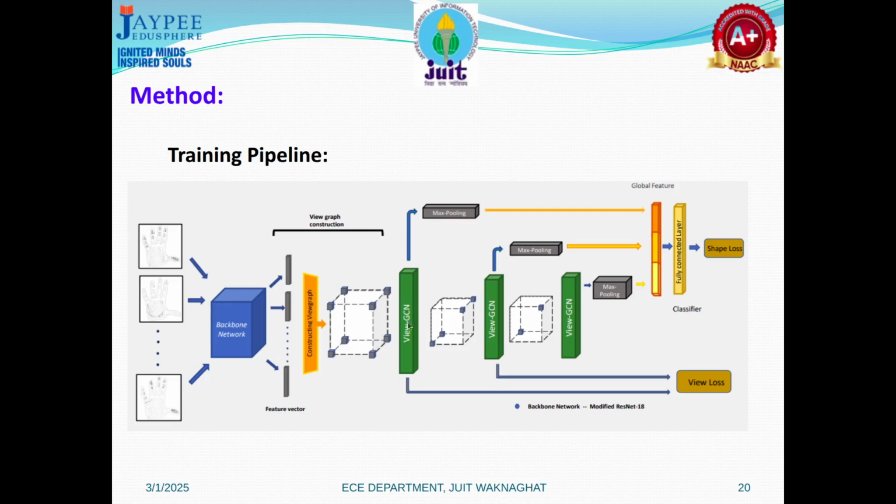After that we use an existing view model called ViewGCN, which is popular in the 3D shape classification from multi-view images literature, and we will go through the model details in the upcoming slides. But this is how the whole training pipeline looks. At each iteration, we take these features from this ViewGCN and concatenate them at different levels and finally use that for shape classification.